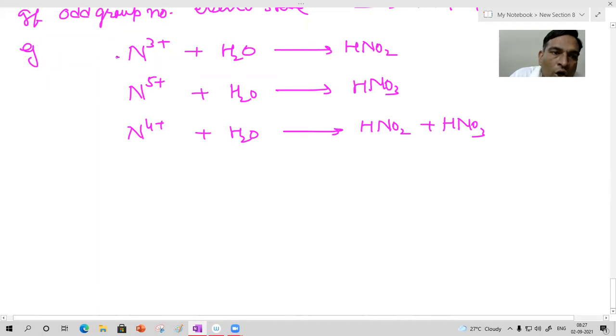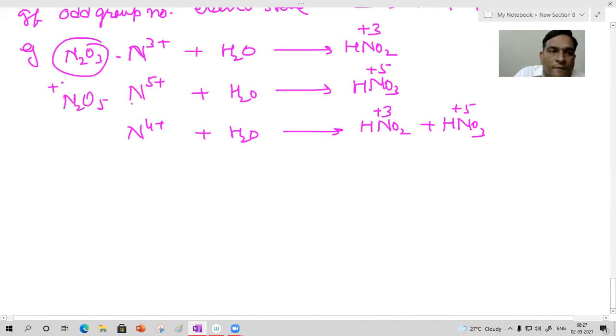Remember, odd oxidation state, odd group number, same oxidation state product will be formed. Or even oxidation state, odd group number, disproportionation, that is plus 3 and plus 5. Oxide can be any, my dear. Here you can write N2O3 plus 3A, N2O5 plus 5A, and NO2 plus 4A.